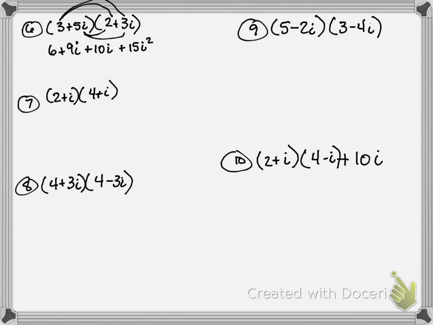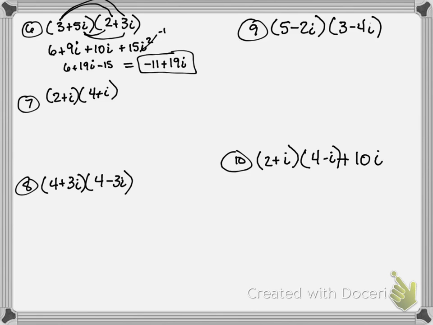So, add your like terms in the middle. 9i and 10i. 6 plus 19i. All right, 15i squared. i squared is like multiplying by a negative 1. So 15 times negative 1 is negative 15. So what does that give us? 6 and negative 15 combined together is negative 11 plus 19i. Okay, you could have 19i minus 11. Doesn't matter. Either way would work.